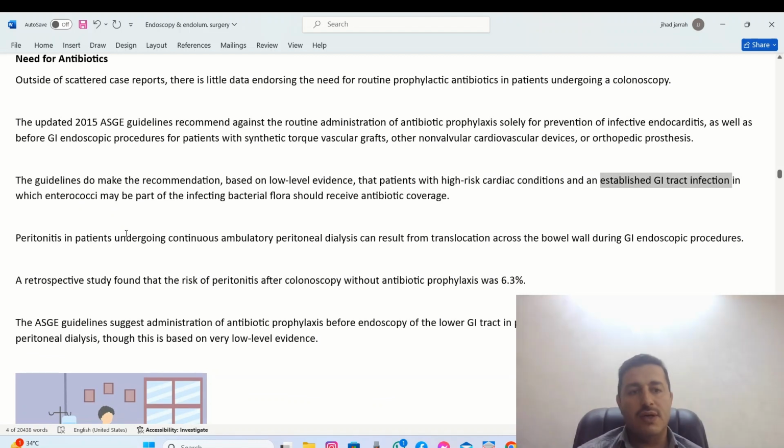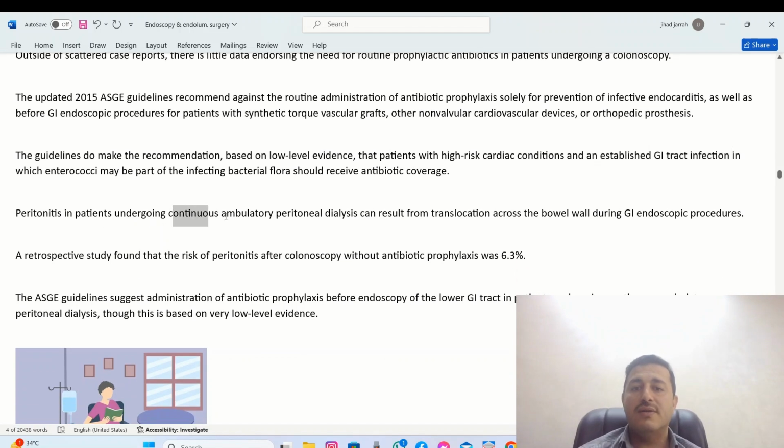One case in which the indication for antibiotics is clear is those patients who have continuous ambulatory peritoneal dialysis.